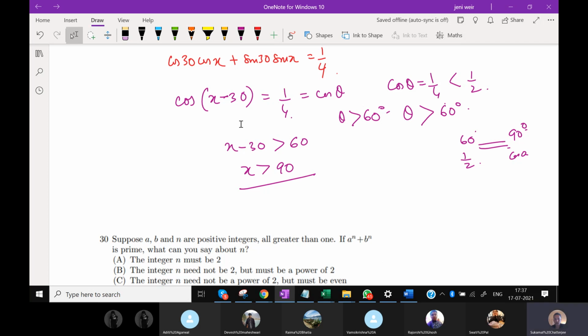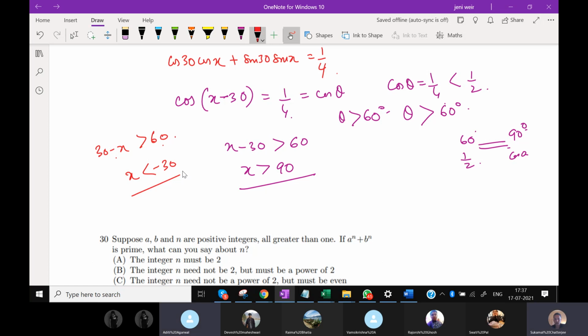If you take 30 minus x, what will happen? This is greater than 60, right? So x is less than 30 minus 60, which is less than minus 30. Does it make any sense? No.